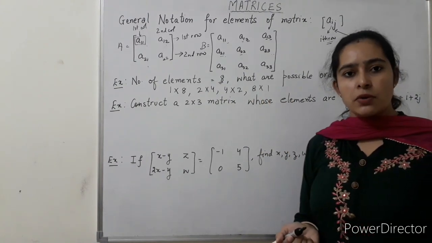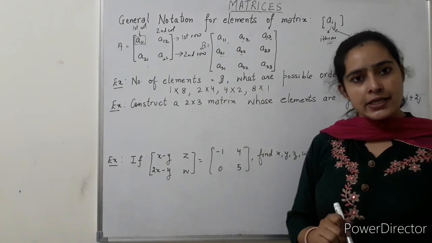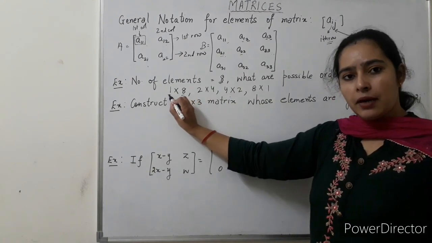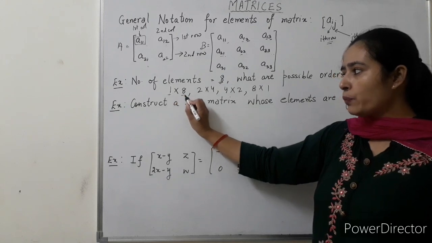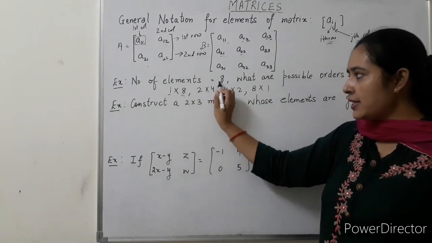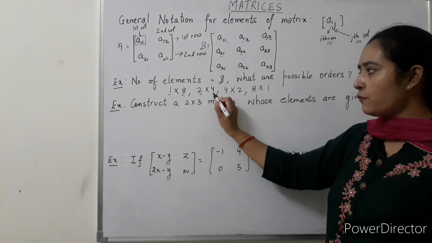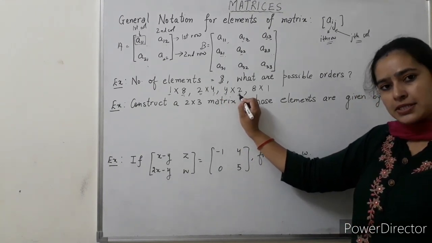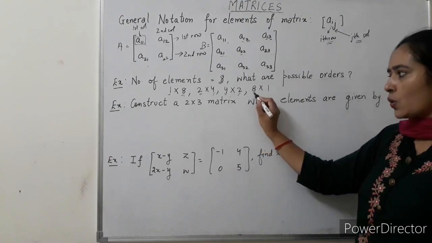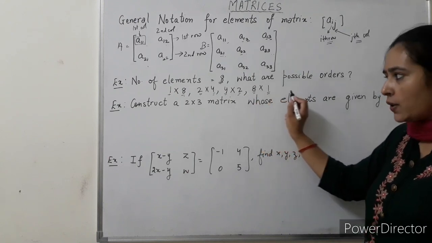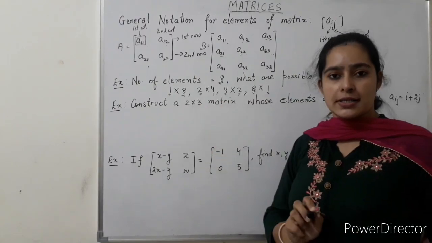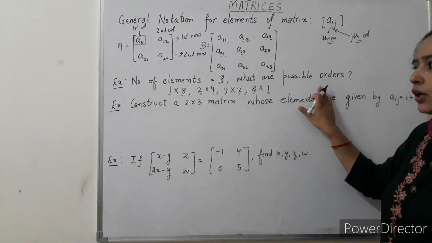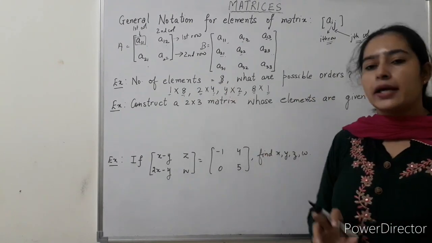All these are the possible factorizations of 8. Now what this shows is that there can be a matrix with 1 row, 8 columns, number of elements will be 8, 2 rows and 4 columns. There can be 4 rows and 2 columns. There can be 8 rows and 1 column. All these are possible orders of the matrix which has the number of elements equal to 8.